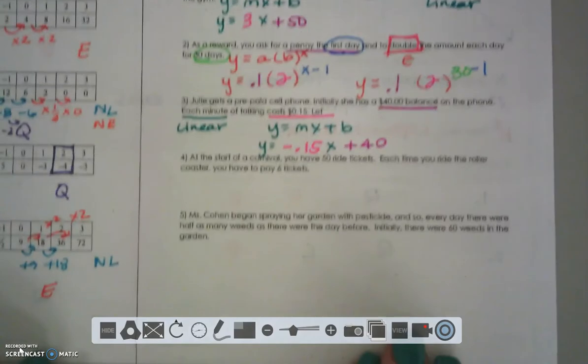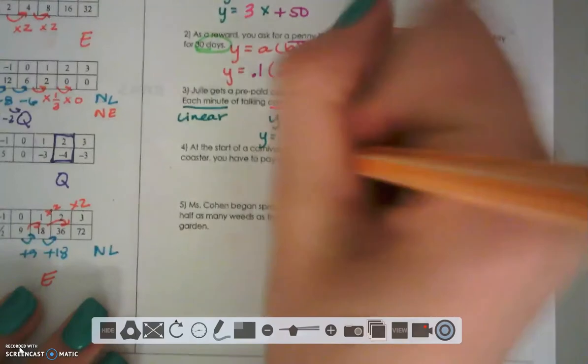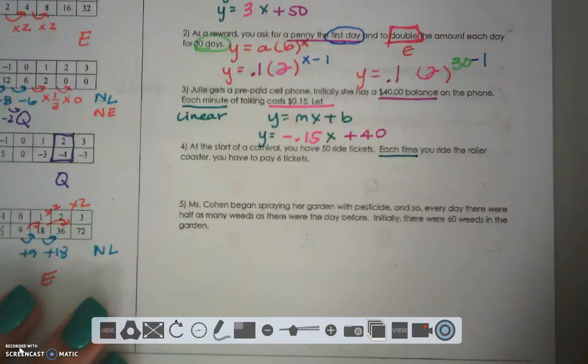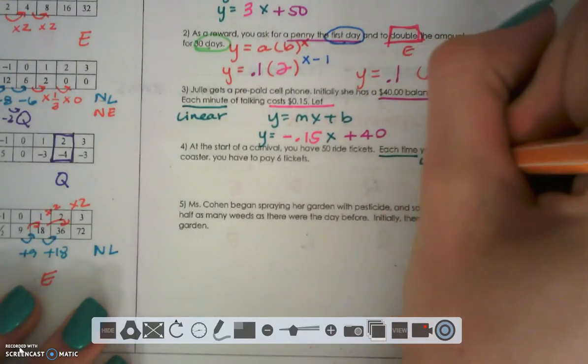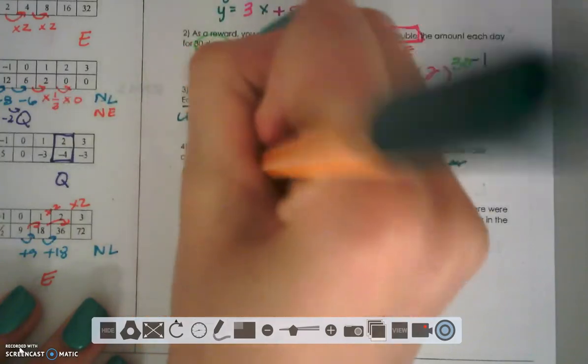Number 4, at the start of a carnival you have 50 ride tickets. Each time you ride the roller coaster, you have to pay 6 tickets. Again, we see that phrase "each time." So each time something is happening, that's linear. So we need to fill out y equals mx plus b.